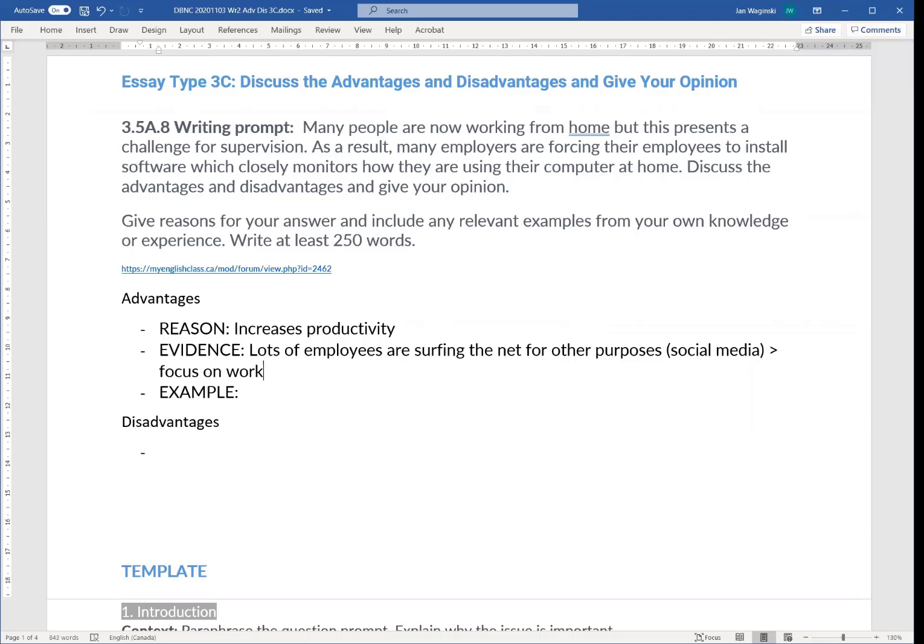It's okay. All right. Could you come up with an example? What would be an example that would fit with this? Or if you can think of any evidence? Well, this is for work, right?